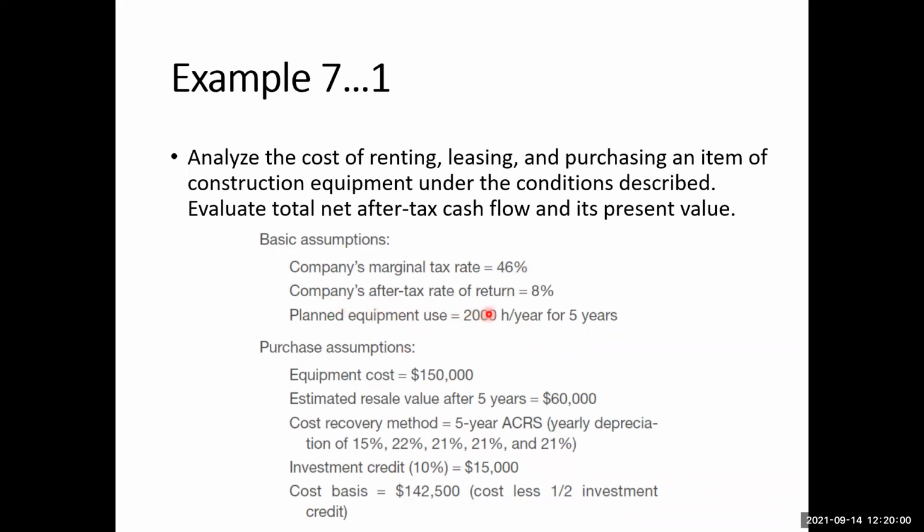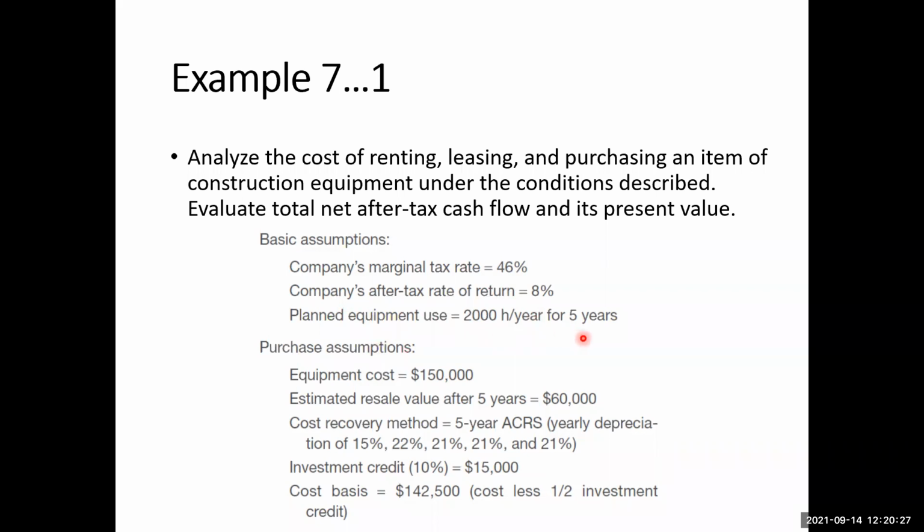The company's after-tax rate of return is 8%. So after paying the tax, whatever amount is left will be evaluated for an interest rate of 8%. So this is the after-tax rate of return, 8%. The planned equipment use is 2,000 hours per year for 5 years.